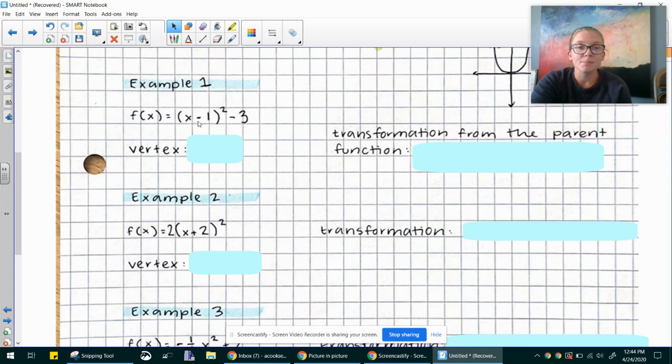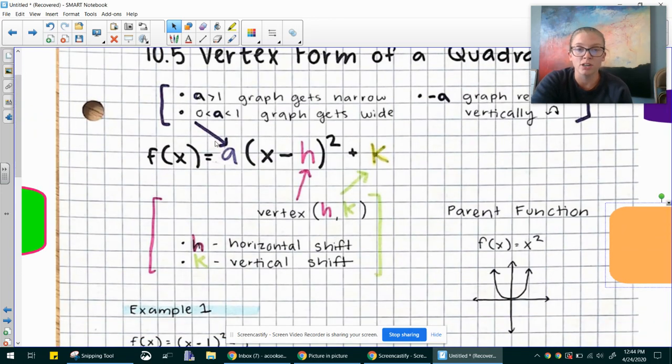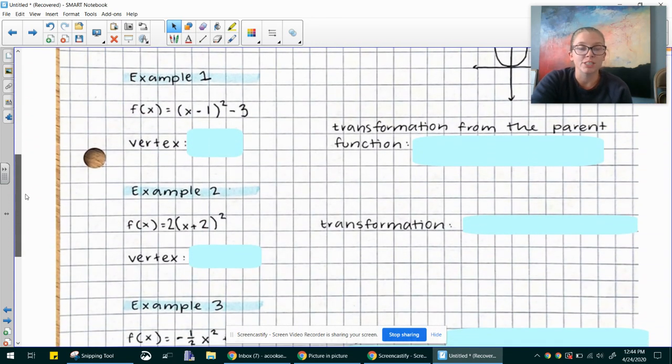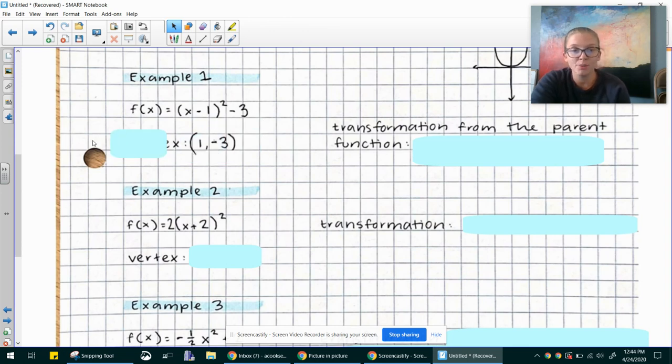Remember, because of the minus sign in our function, we have to change the sign of that h value. So here, my h value is minus 1, so my vertex is going to be positive 1. And my k value is negative 3. That one does not change. So our vertex is at 1, negative 3.